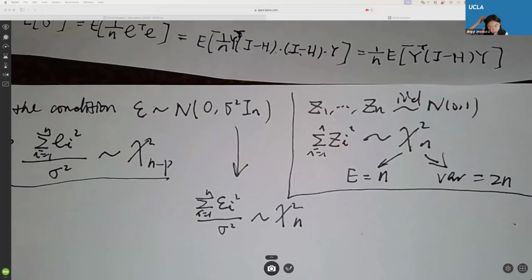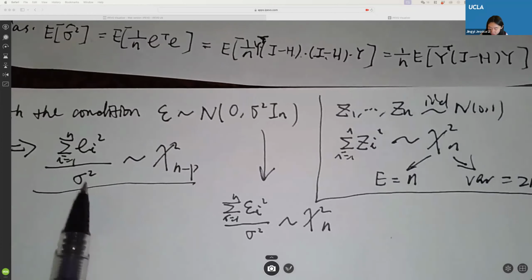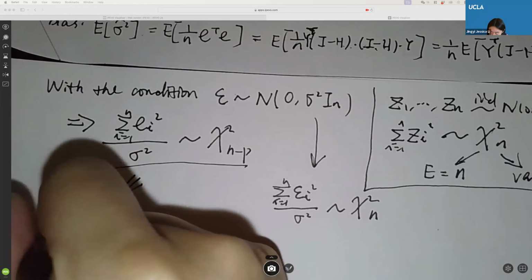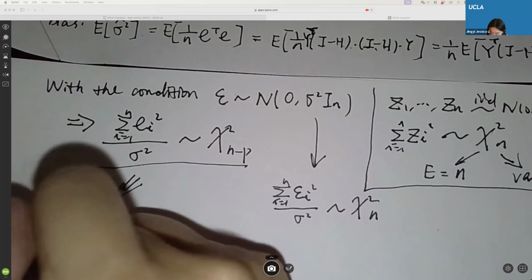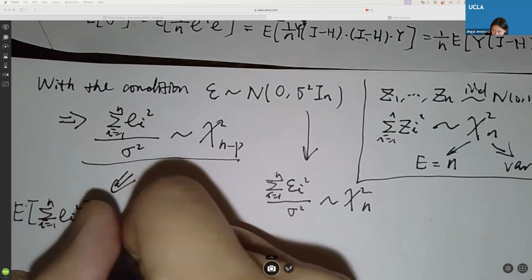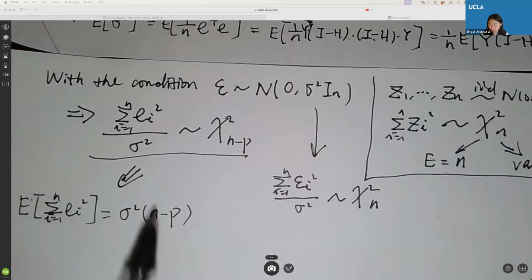So if you know this property, you can immediately use this result to say that I can have the expectation of the sum of e_i squared equal to sigma squared multiplied by n minus p. I skipped one step by doing the multiplication on both sides by sigma squared.